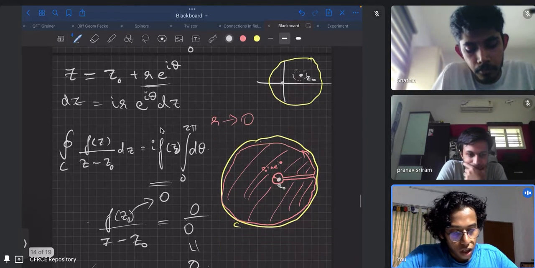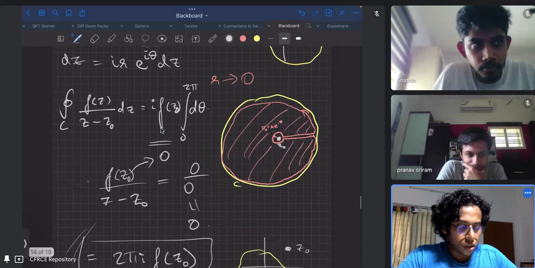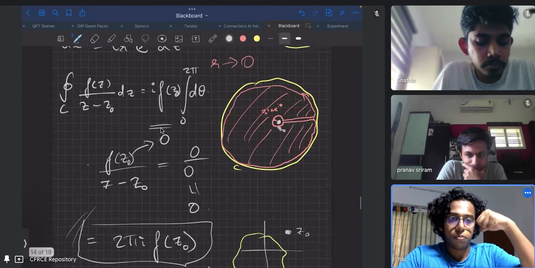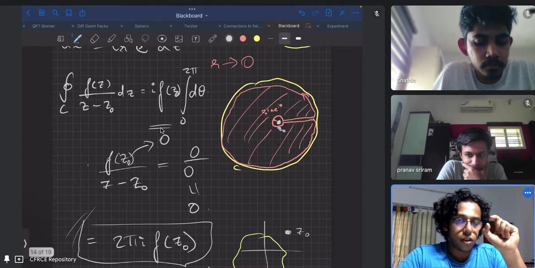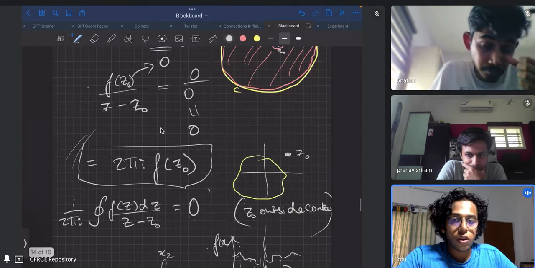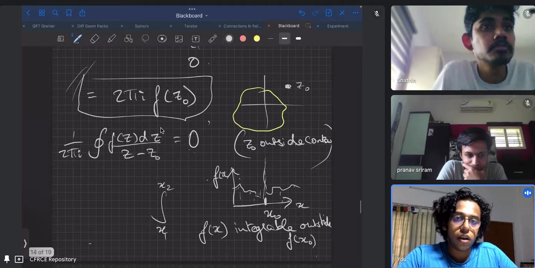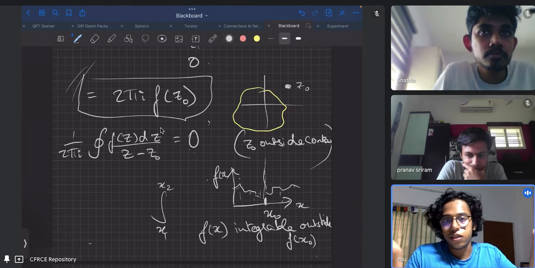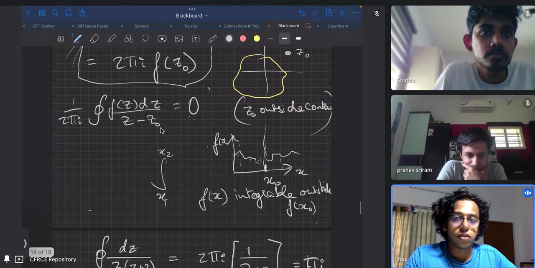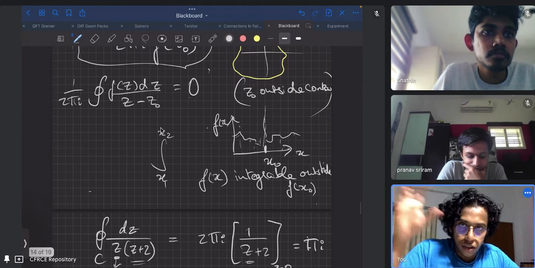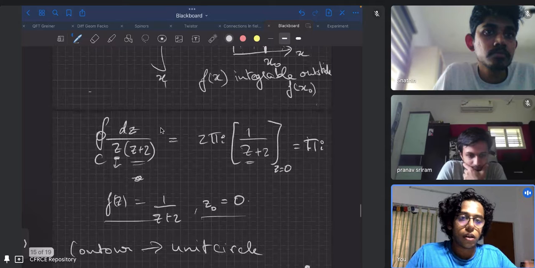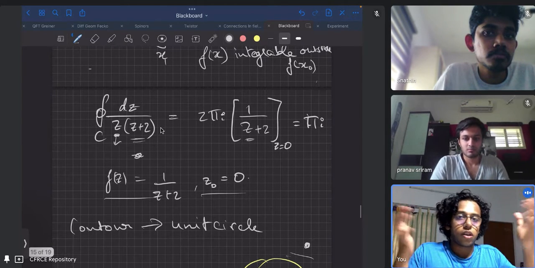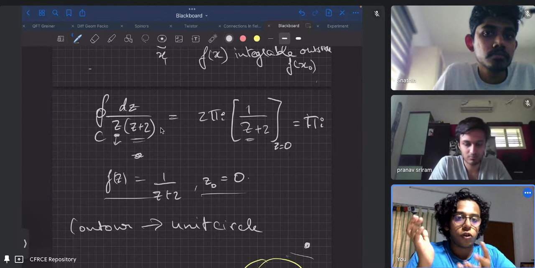We saw how that works: you make a narrow circle around the point and take the radius to tend to 0. Outside the contour, if there is a singularity, it doesn't really matter because it's not within the integrated region. So you just have the Stokes theorem, the Cauchy theorem there.